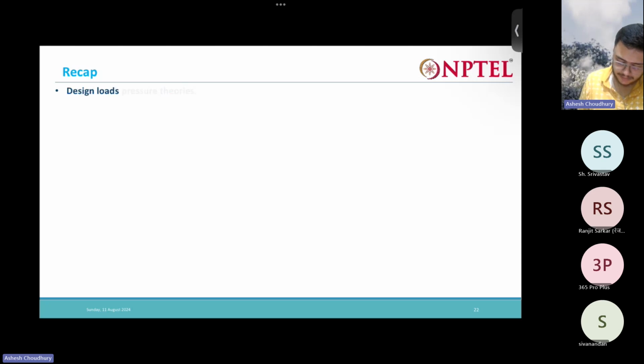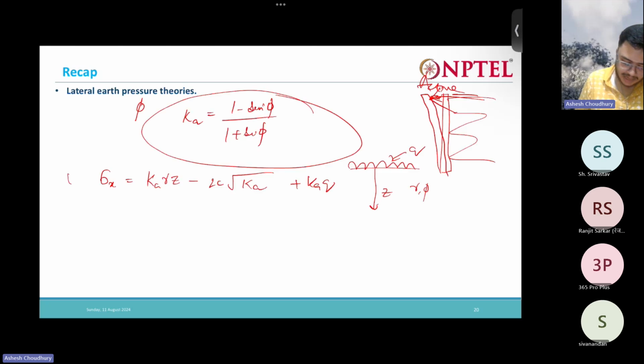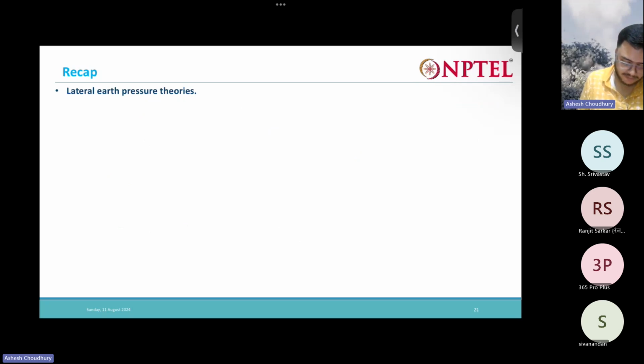Now say you have an inclined backfill. So this was for a straight backfill. We already solved some problems in the first discussion session, so you already know this.